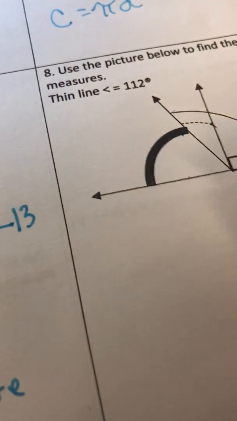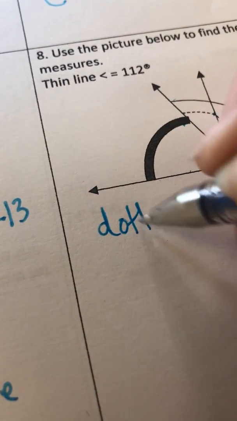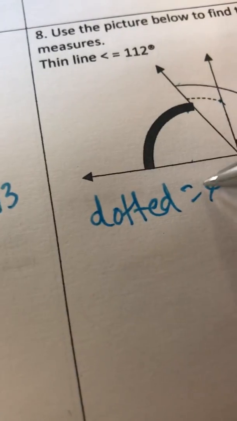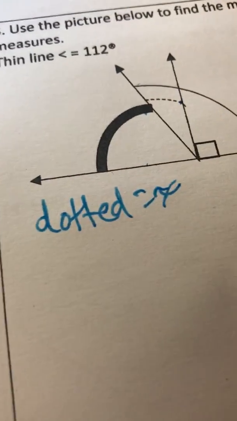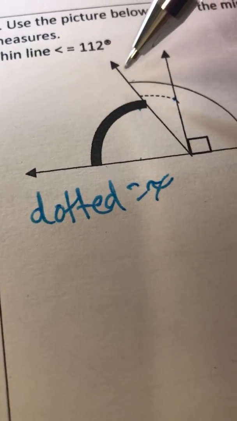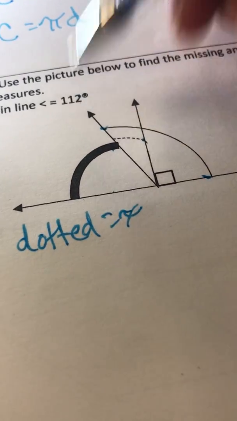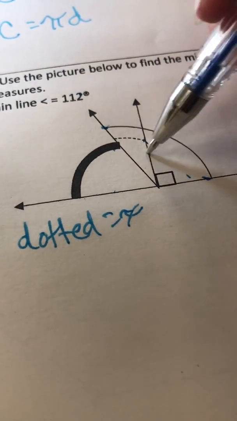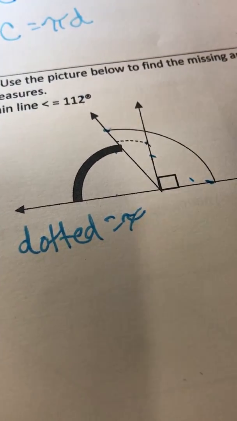Alright, I'm going to find the dotted first. The dotted is represented by the variable x. So we know that from here to here is 112 degrees. We also know that part of that is 90 degrees.